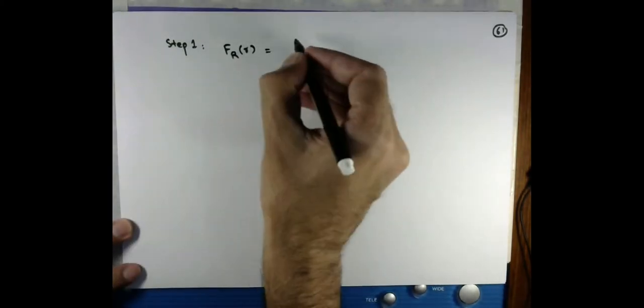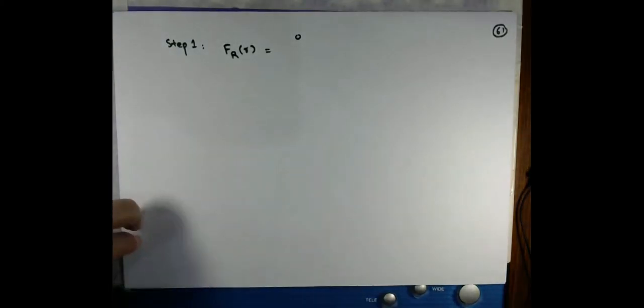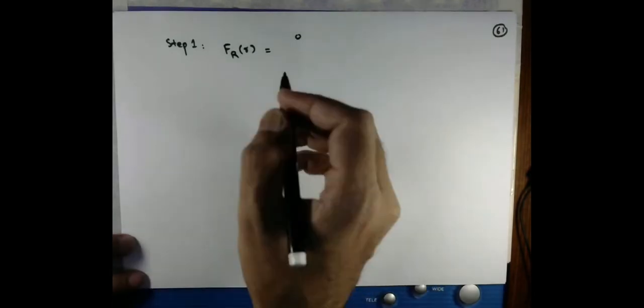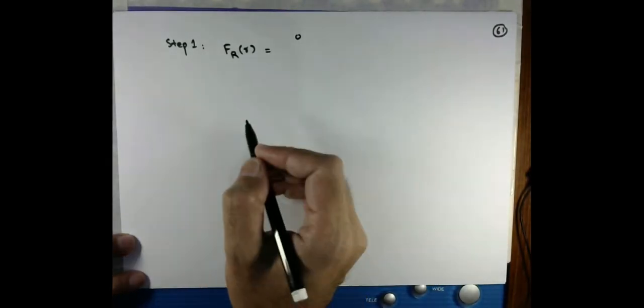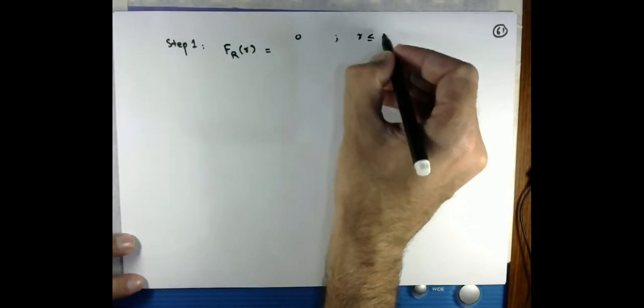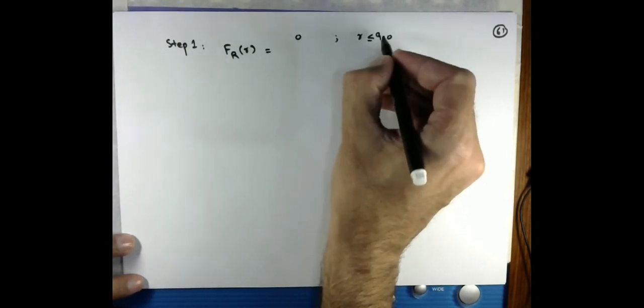And you know it is 0. If you recall the expression for the CDF of a continuous uniform random variable, you will be easily able to understand why I wrote this expression that I'm about to write. So it is 0 for R less than or equal to 900.